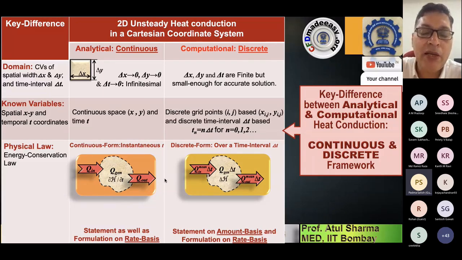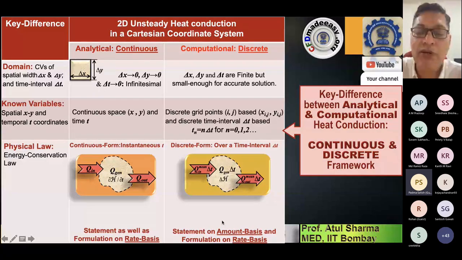I improvised on those presentations and came up with a discrete form of the energy conservation law. The idea I used is that for computational fluid dynamics, to use discrete math, we should use a discrete form of the energy conservation law.